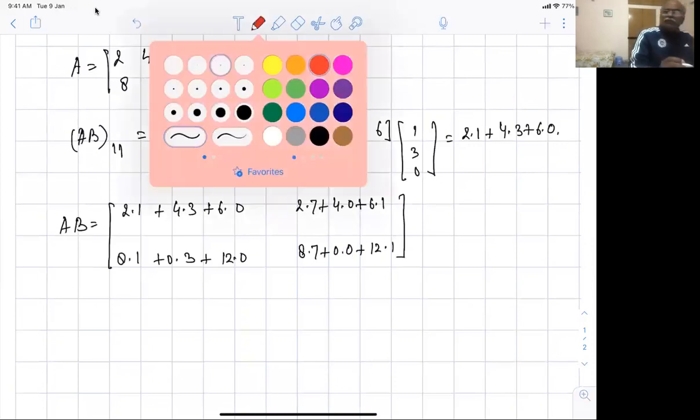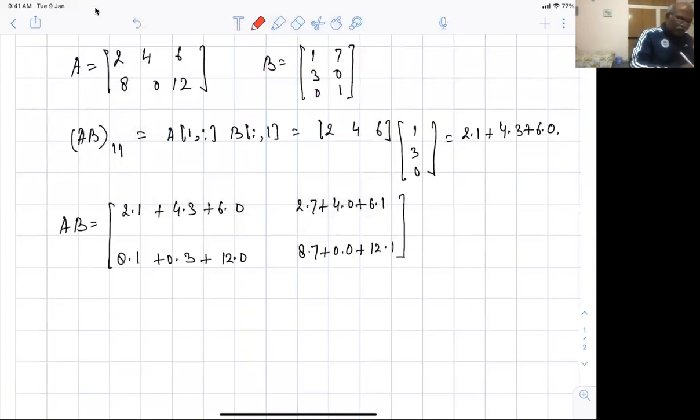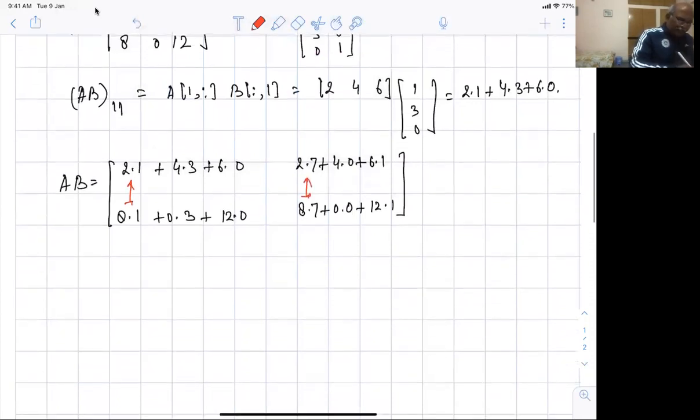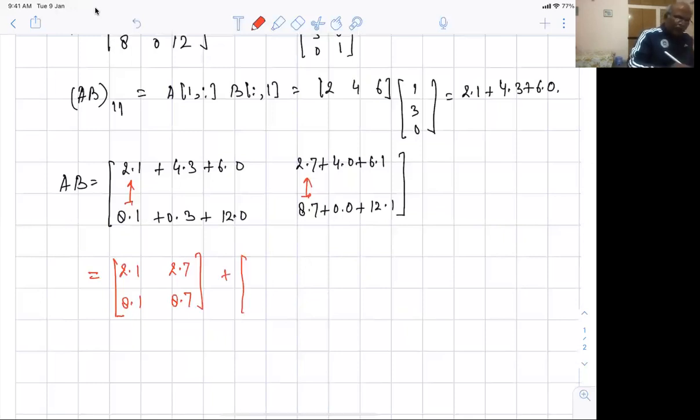Fine. Let's do some small jugglery now. What we are going to do is look at this one and this one separately. I'm going to write this as 2 into 1, 8 into 1, 2 into 7, 8 into 7 as one matrix, plus another matrix 4 into 3, 0 into 3, 4 into 0, 0 into 0, plus 6 into 0, 12 into 0, 6 into 1, 12 into 1.